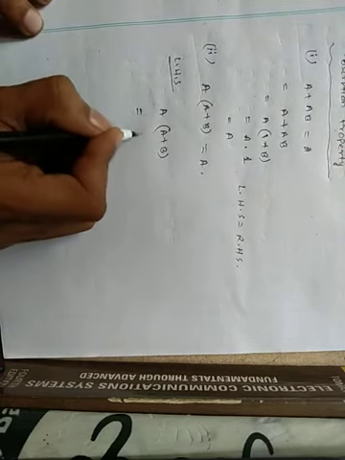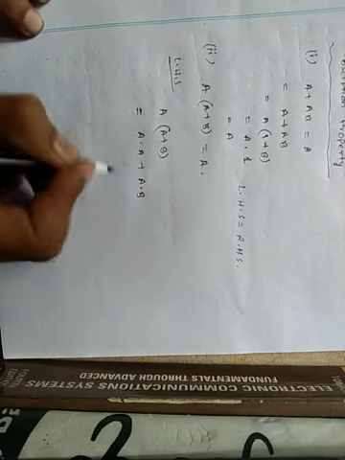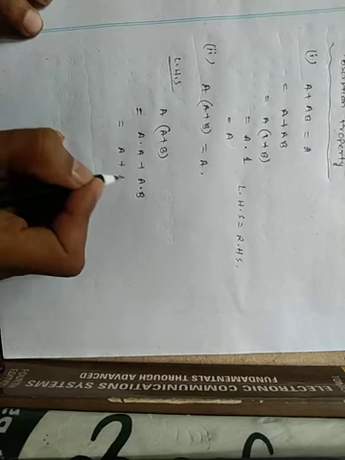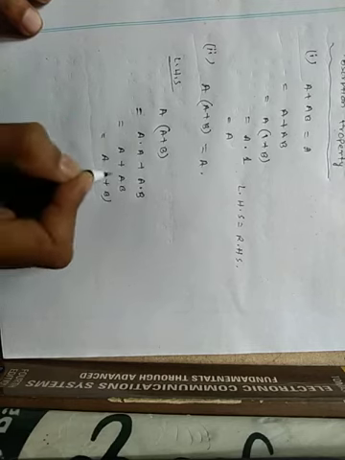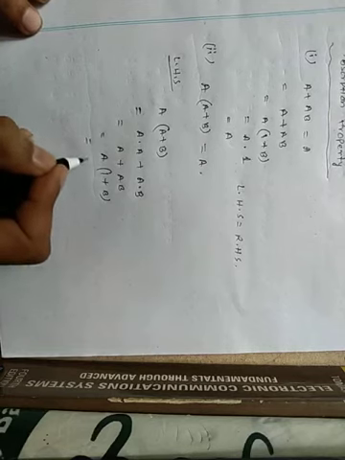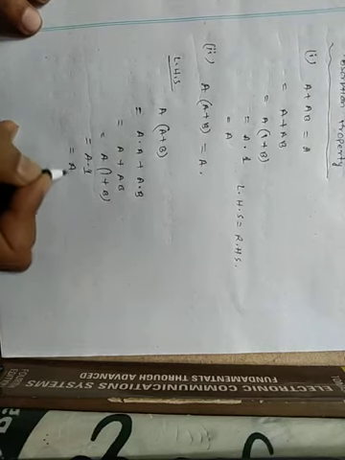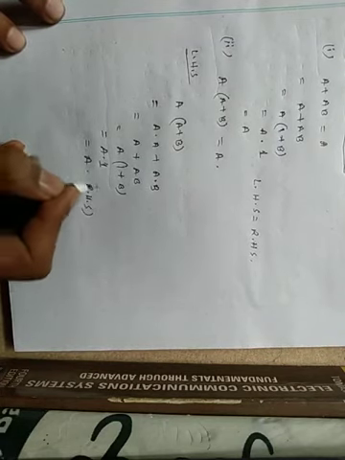So that is A into A plus A into B, so A + AB. A is common, so A(1 + B). 1 + B = 1, so A into 1 is A. So we prove the right hand side.